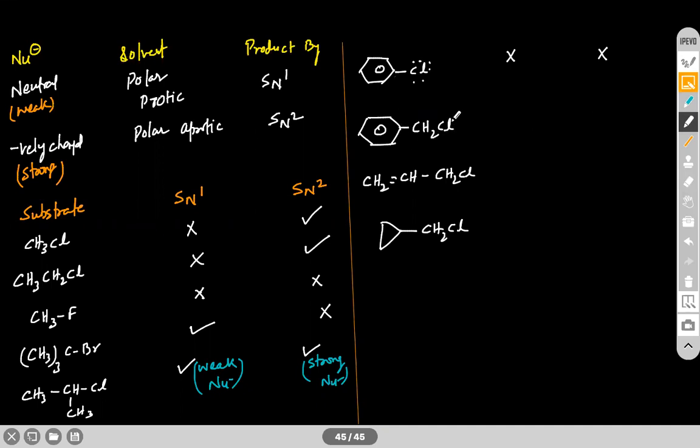In this one, the alkyl halide is 1 degree, so SN2 is possible. But when you remove this halogen atom, you get a positive charge here, which is a resonance stabilized benzyl carbocation. So in this case SN1 is also possible. SN1 is possible when the nucleophile is weak, and SN2 with a strong nucleophile.